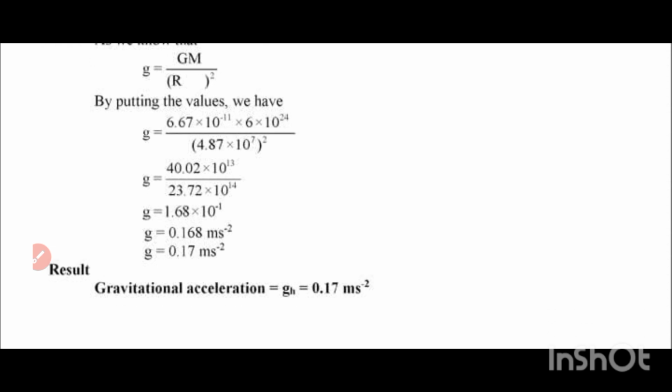After simplifying, we get finally value of g, that is equal to 0.17 meter per second square, and result is gravitational acceleration is equal to 0.17 meter per second square.